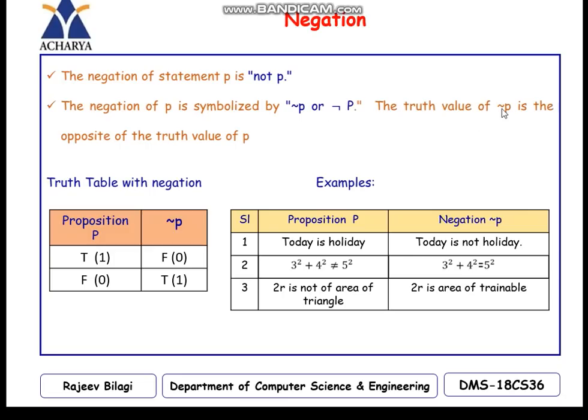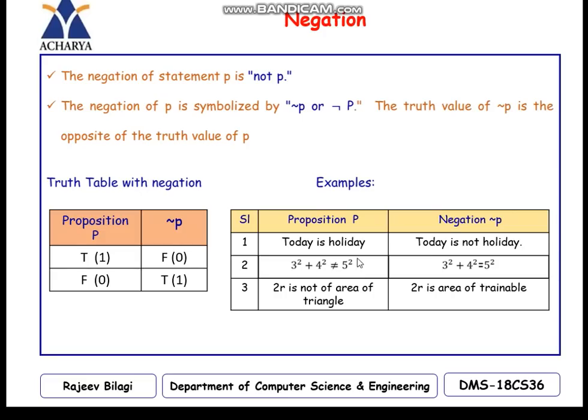The truth value of the negation of P is the opposite of the truth value of P. For every basic connective, I will give truth tables and different examples.